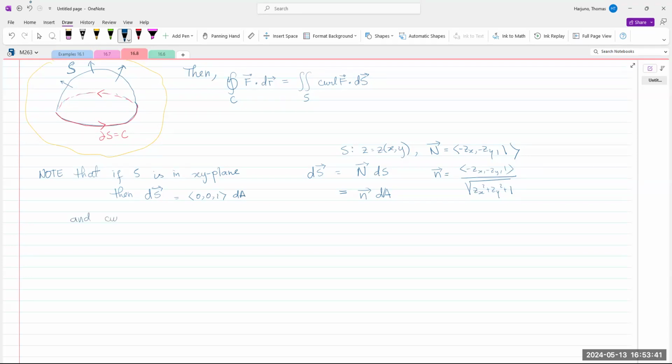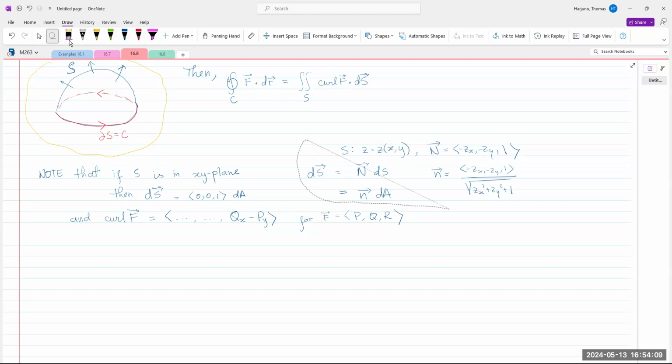And the curl of F, as we have learned before, is something dot (Q sub x minus P sub y), for the vector field F equals (P, Q, R).